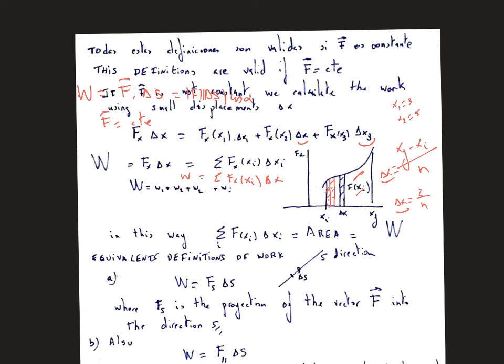The sum of Fxi by delta xi is the area, the sum of all these small stripes, Fxi by delta x, Fxi by delta x, Fxi by delta x. At the end, if you sum with a delta x very small, that means that n is very, very big, and we divide it in many, many parts to consider that in every part the force is constant, the work at the end is the area below the curve.